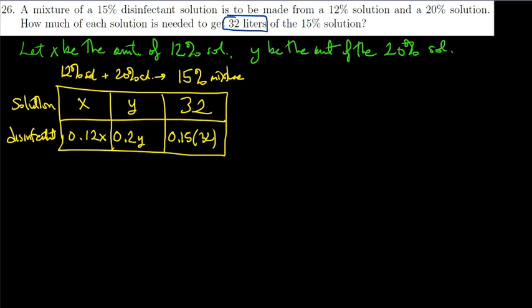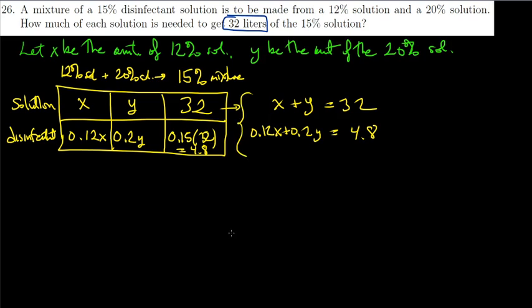And I don't think I can do that in my head, so 15% of 32, I get 4.8. So these are our two equations, x plus y equals 32, and 0.12x plus 0.2y equals 4.8. So I'm assuming you can take it from here. You solve that system of equations, and you can find x and y, and that answers the question.